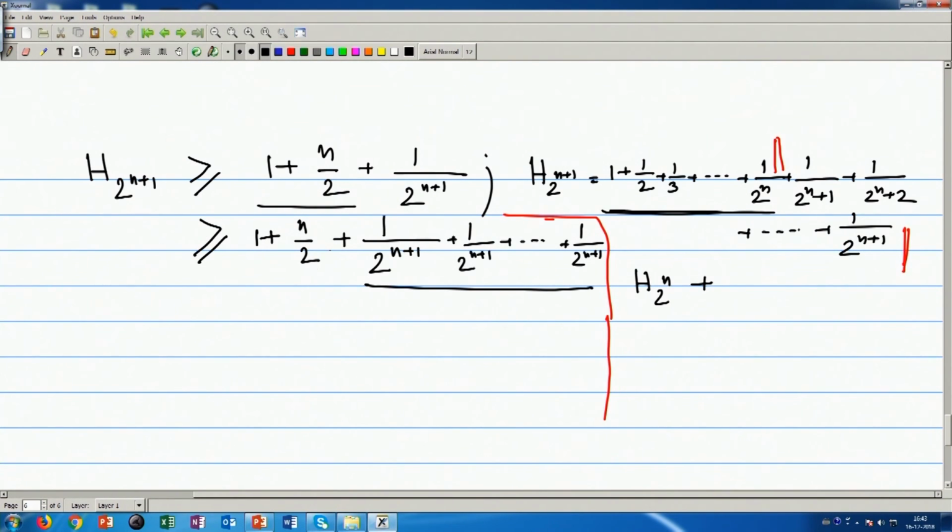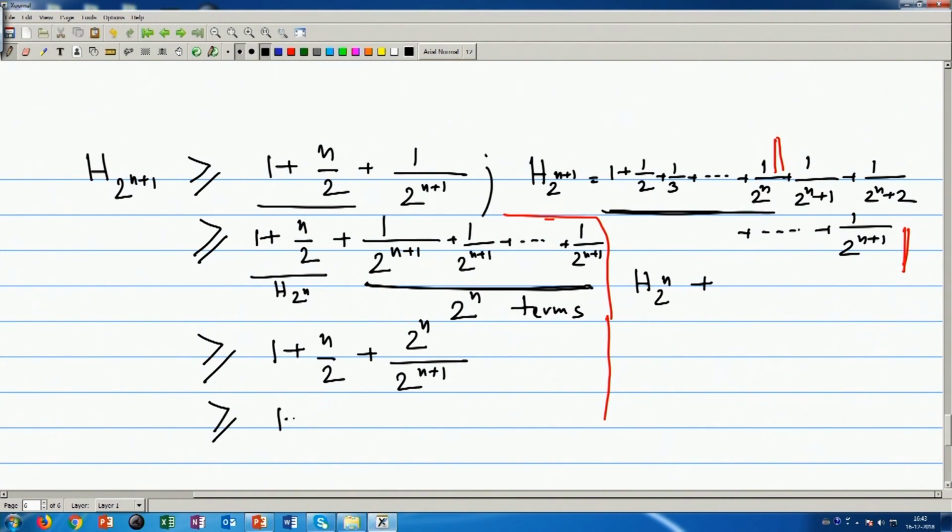Since H 2 to the power n is the first part and the whole is H 2 to the power n plus 1, there are 2 to the power n terms. So, I can write 1 plus n by 2 plus 2 to the power n by 2 to the power n plus 1, which is greater than or equal to 1 plus n by 2 plus 1 by 2, which equals 1 plus n plus 1 by 2. So, for H 2 to the power n plus 1, we show that this is greater than or equal to 1 plus n plus 1 by 2. So, this is proved.